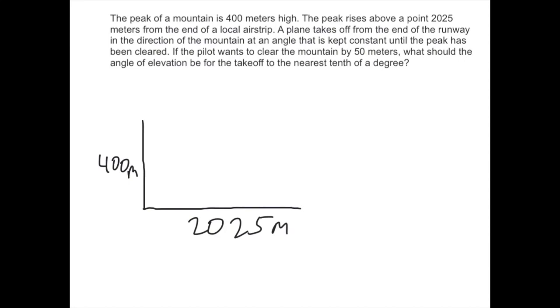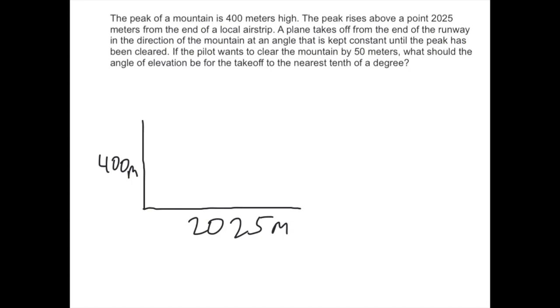A plane takes off from the end of the runway. That would be right about here. In the direction of the mountain at an angle that is kept constant until the peak has been cleared.